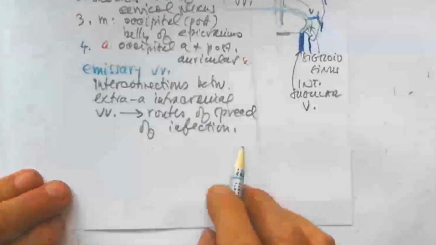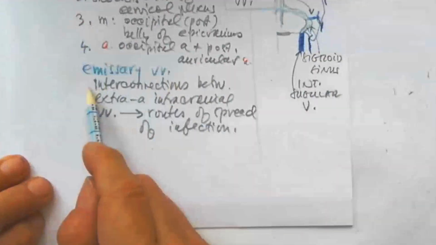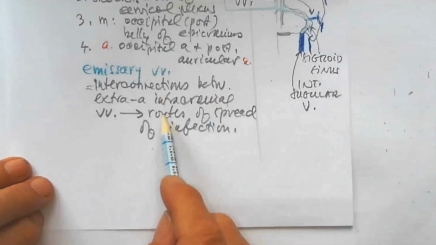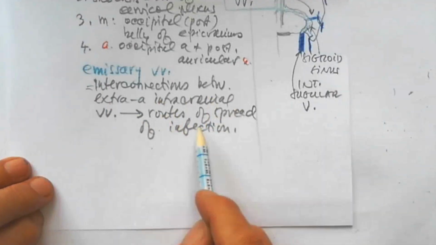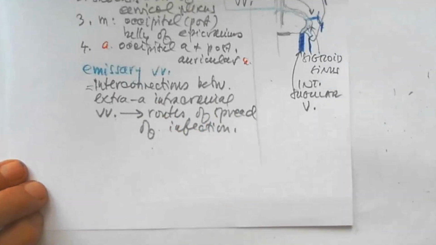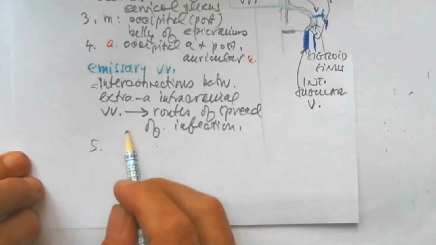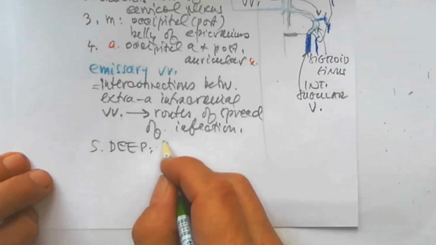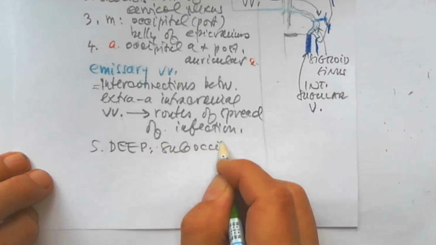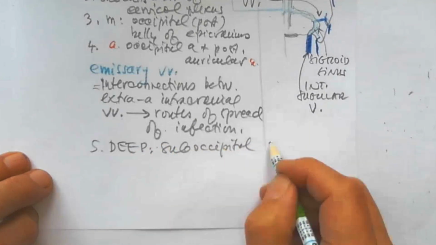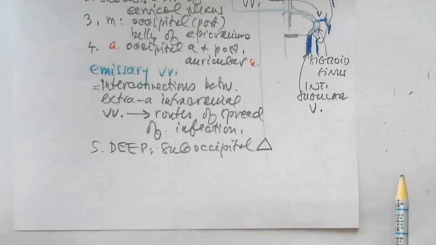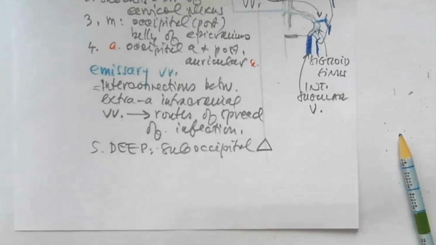Very important. So again, repeating, emissary veins represent interconnections between the extracranial and intracranial veins, forming the routes of spread of infection. Sufficient. Number 5, deep area, that is the suboccipital triangle. Finished.